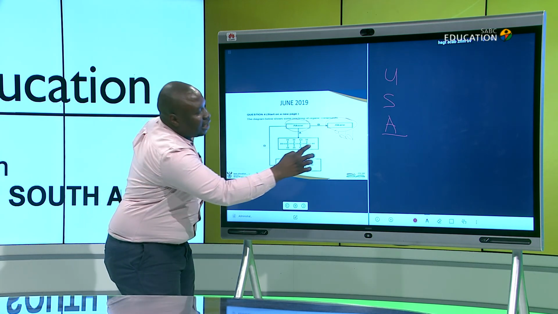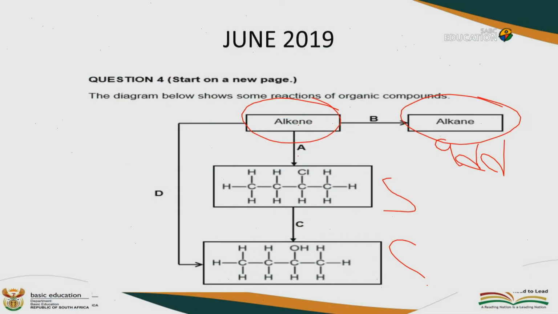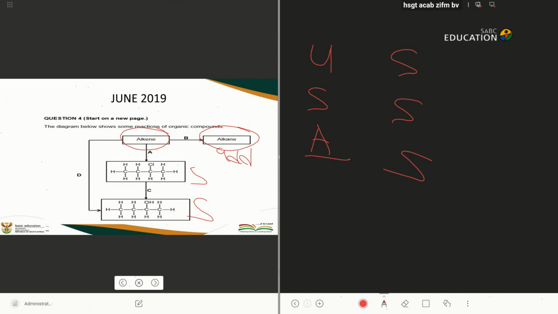You can see that this is saturated. It's forming another saturated. So you must know that it's USA and triple S. For triple S, what we are saying is that saturated forming another saturated, that is a substitution reaction. So we are 100% together there. You can see how to identify the type of reaction.